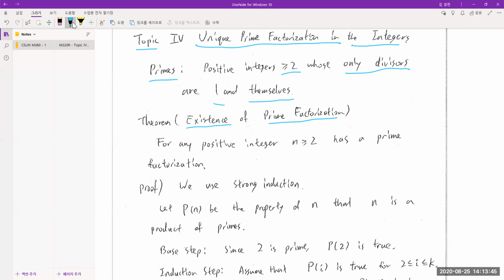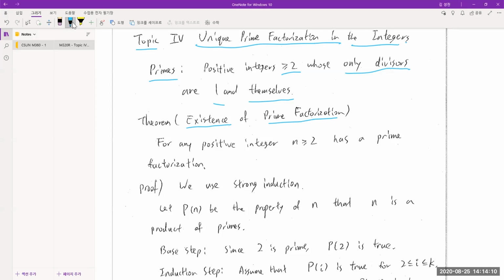Given any positive integer greater than or equal to 2, you break the integer down into a product of prime numbers. That's the prime factorization. And later we'll prove that it is unique up to reordering.